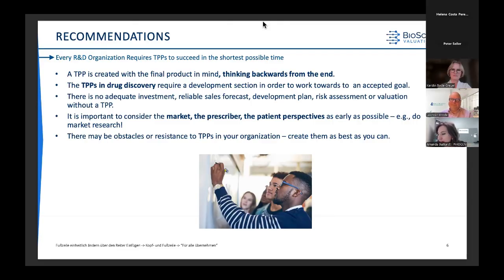Some of the other themes I heard were aligning the stakeholders, external communication, and making sure your internal team understands the strategic goals of your company, your product, and the end goal of the TPP.